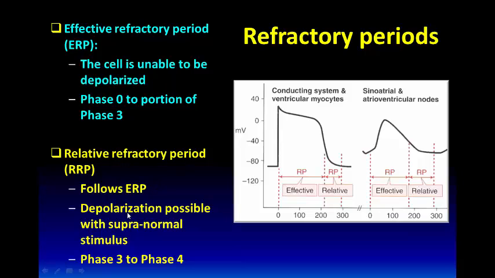In this relative refractory period, depolarization is possible, but only with a supranormal stimulus. The stimulus has to be supranormal in order to excite the myocyte. And this relative refractory period extends from mid-repolarization to phase 4.